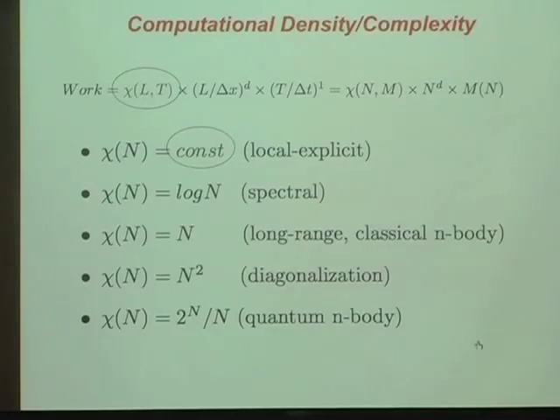All I've been saying, remember the first slide this morning, the principle of causality. I'm considering a situation where, according to Feynman, the work I'm doing to solve a problem, the computational density, which here I call chi, is independent of the number of degrees of freedom. That means the amount of work I do is just proportional to the volume in space and time of my application.